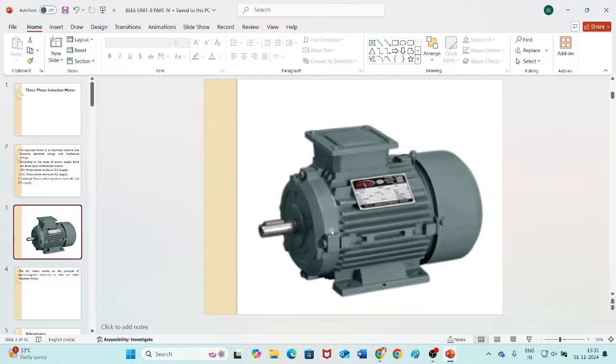These are the AC motors to which AC supply is given, and they work on the principle of electromagnetic induction, so they are known as induction motors.